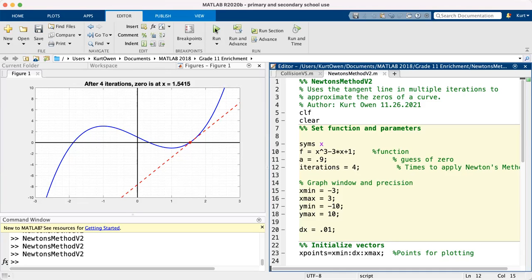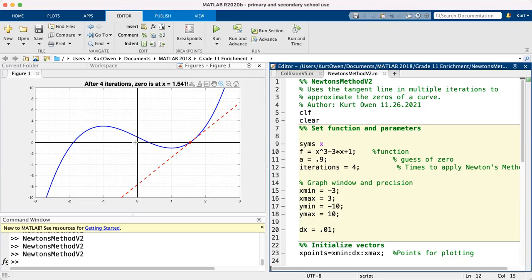So if we don't start close enough to the point that we're interested in, the tangent lines may have intercepts that aren't anywhere close to the intercept that we're trying to find. So you do need to be careful. Your first guess needs to be reasonably good.